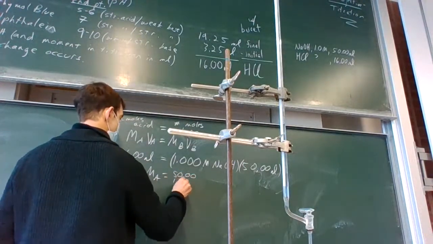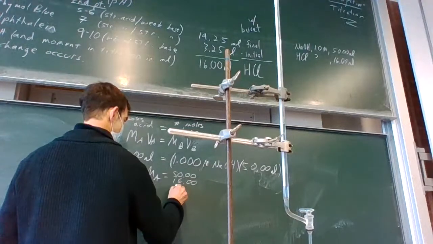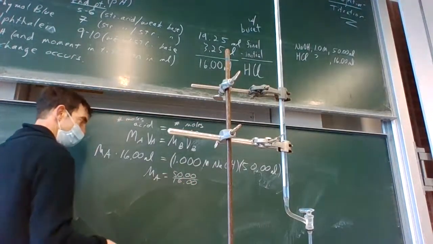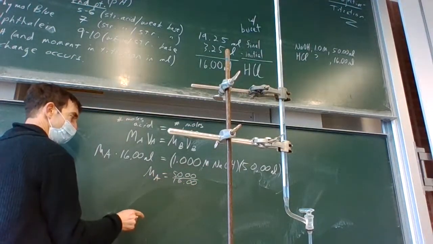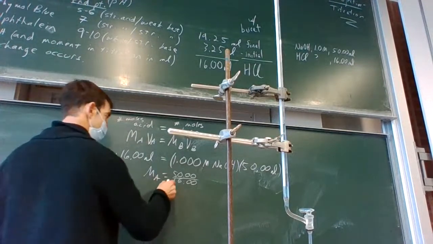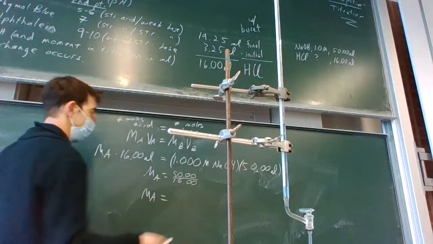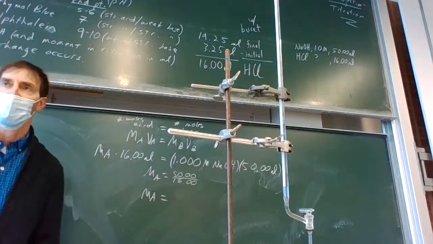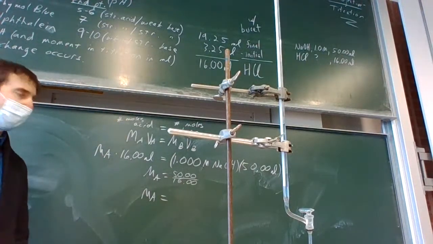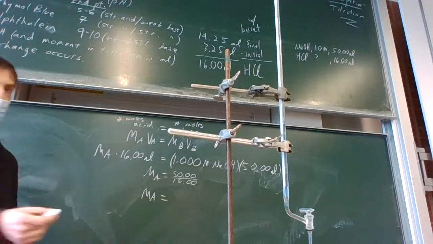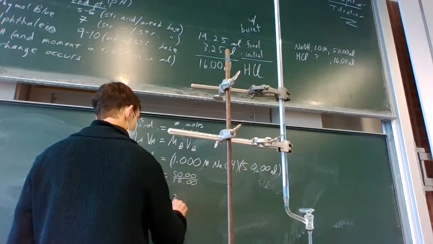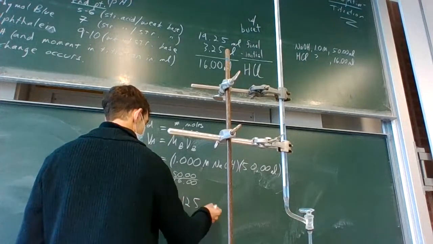Can you do that in your head? Double both numbers, get like 3 point something. Okay, that may need a calculator. It's not quite exact, so somebody punch it out: 50 divided by 16. 3.125. Nice accuracy, thank you.